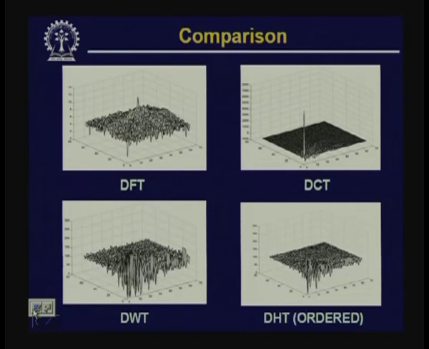By comparing all these 4 results, you find that the discrete cosine transformation has the property of strongly concentrating the energy in very few coefficients. So, the energy compaction property of discrete cosine transformation is much more compared to the other transformations.